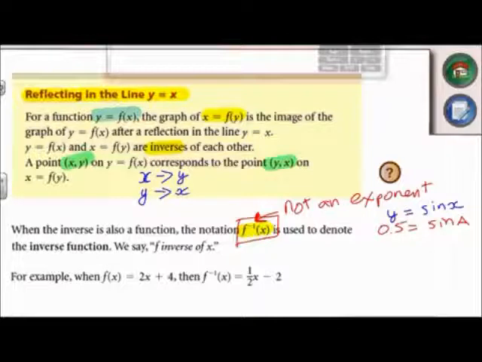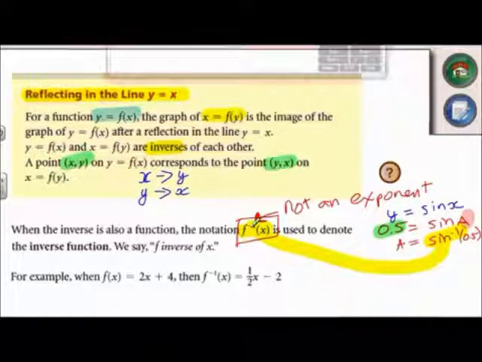We have y equals sine of x, and switching our y value and our x value. And if we switch those two, we use the inverse. So we would say a equals the inverse sine of 0.5. And that notation right there is the same notation that we're talking about right here. It's the inverse. Switch the x and the y. So you've actually been using it.